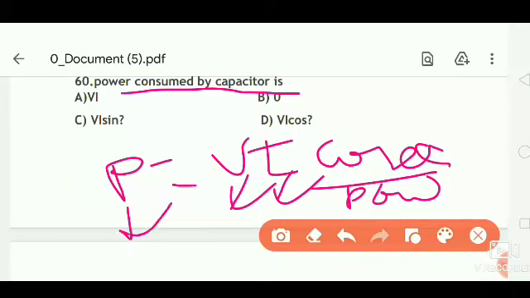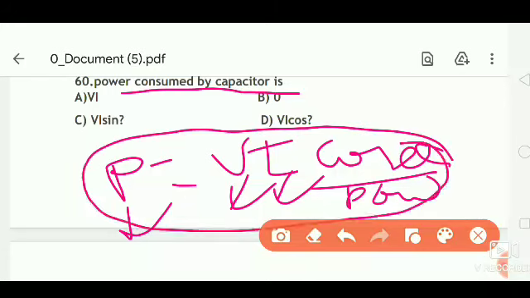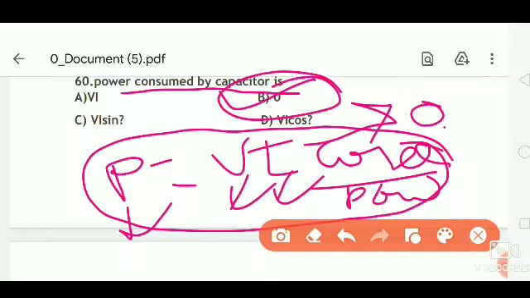But the capacitor does not consume any power. So the power consumed by the capacitor is always 0. Option B is the right answer.